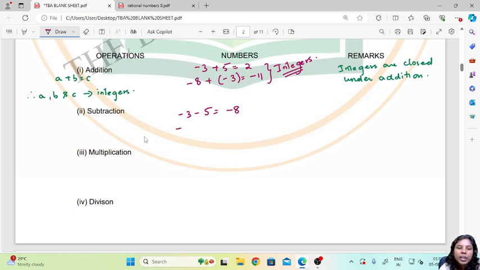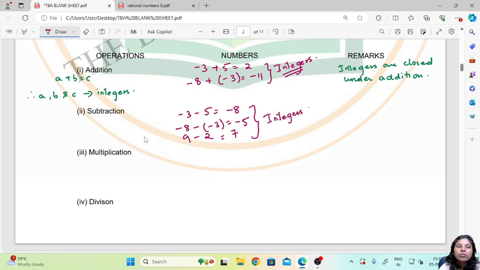Then I have, say, -8 minus 3. This will give me, this will come plus, so -8 plus 3, that will be -5. In this case also, or maybe let's take another example, like 9 minus 2. So the answer will be 7. In this case also, all of -8, -5 and 7 are integers.